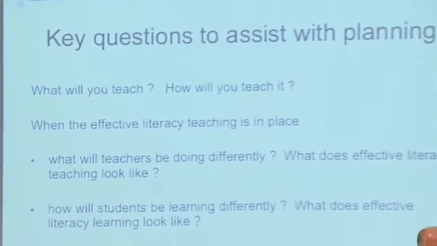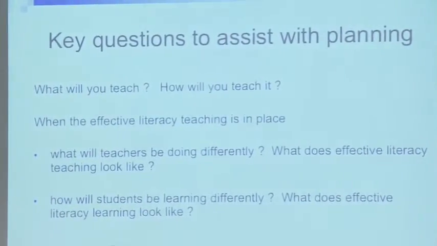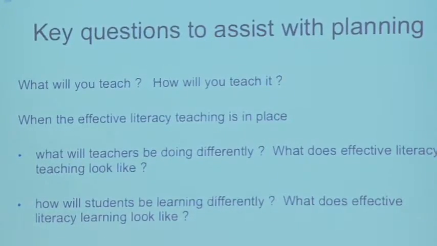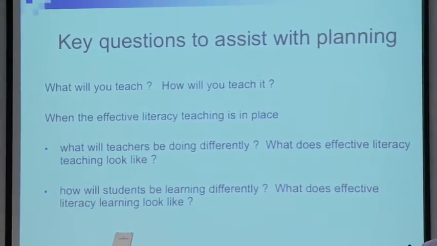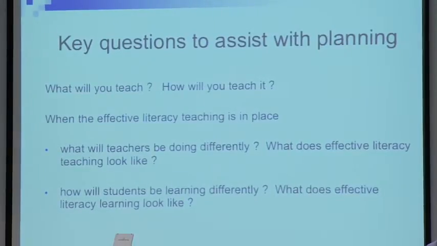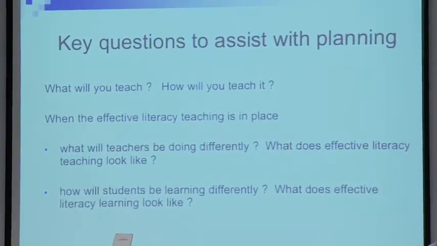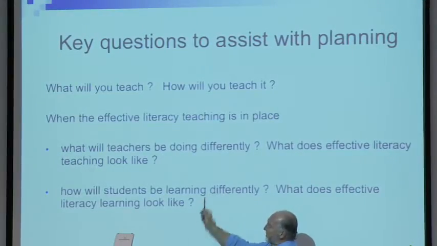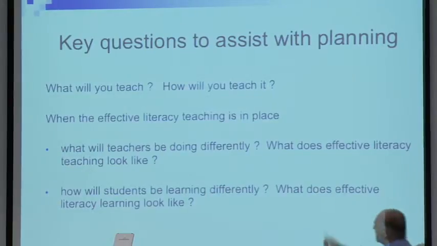And what I'm suggesting is I need to have a plan that says, in 1 term's time, if any progress has been made, what will teachers be doing differently? In other words, what does effective literacy teaching look like, and how will it look a bit different in a term's time? And also, what will the students be learning differently? What does effective literacy learning look like?